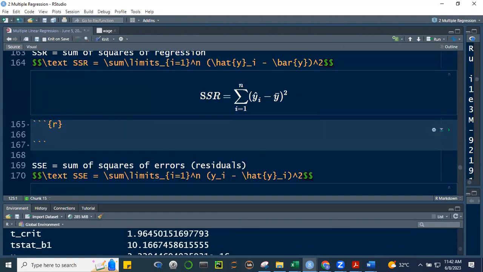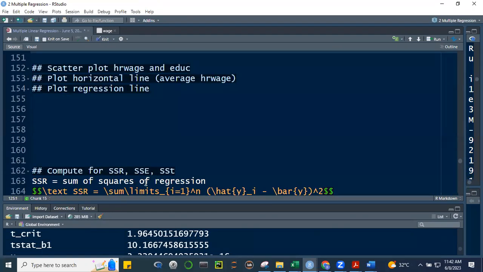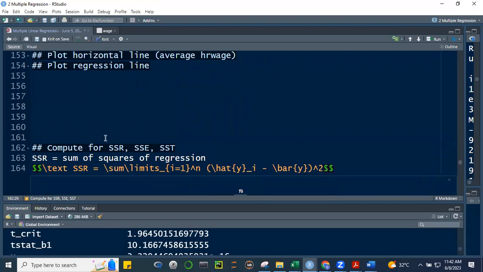So yung SSR, ito, compute for SSR, SSE, and SST. This is supposed to be capital T. Okay, SSR, SSE, and SST. So careful lang tayo, class, kasi different authors have different nomenclatures. Different authors have different ways of designating the variable name. For our purposes, SSR will be the sum of the squares of regression. Okay, which by interpretation means ilang percent ng variability ng dependent variable natin, si hourly wage, can be explained by your regression model. Okay, yun ang SSR.